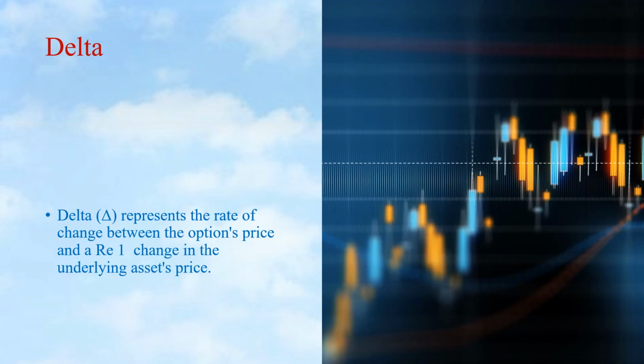Next one is called the option Greeks. Option Greeks include some of the Greek terms. First is the delta value. Delta represents the rate of change. That is the speed. Simply, the delta ranges from 0 to 1. That means the speed of the share price movements.